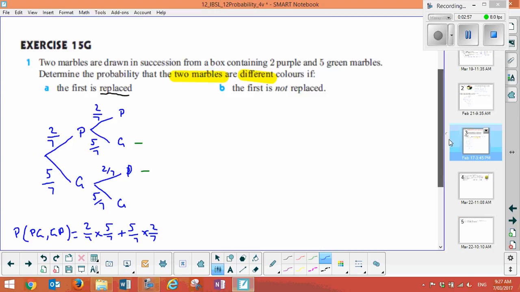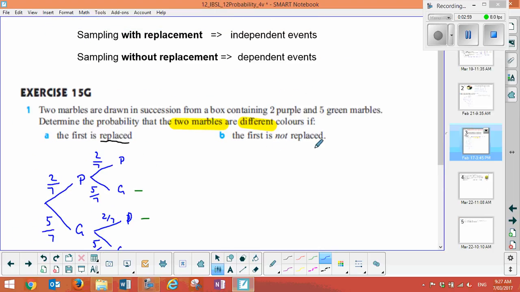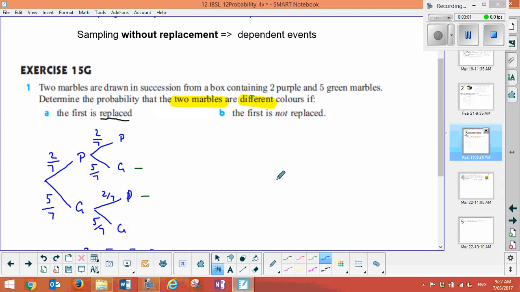In the second part, the only difference here is that the first is not replaced. So we start off the tree in the same manner, purple and green, 2 on 7 and 5 on 7. But now, if we've already taken a purple out, purple, green, let's just draw this in.